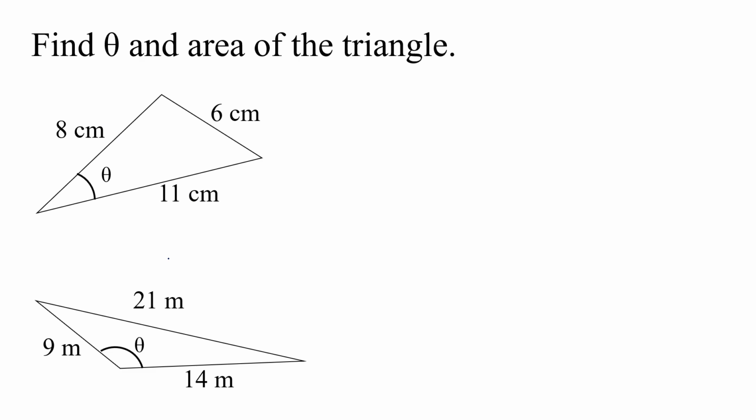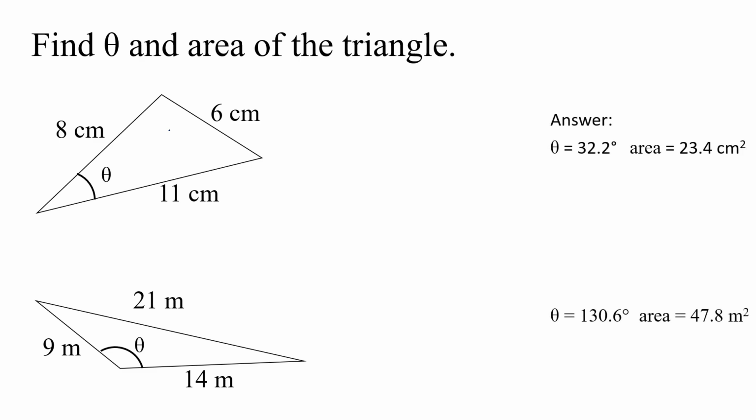You are given 3 sides. Find the theta as well as the area of the triangle. Pause the video, try it out. And if you need some hint, these are the answers for you to check. And this will be all for the whole of Trigo chapter.